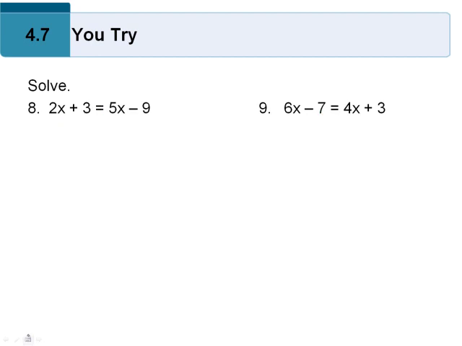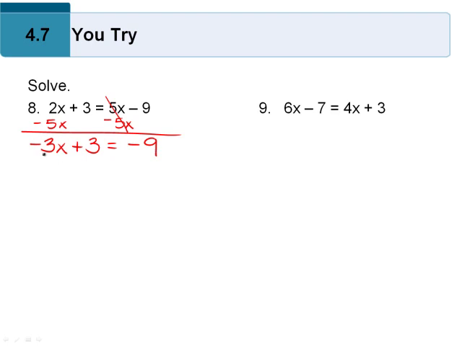Okay, number 8. 2x plus 3 equals 5x minus 9. So the variables are on both sides of the equal sign. That's what you need to see first. So I want to get my variables over to the left, and so I'm going to subtract 5x from both sides. Put it up underneath its like term. So 2x and negative 5x is negative 3x plus 3, that comes down, equals, the 5x's are gone, so it equals negative 9.